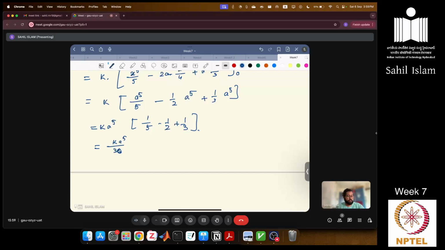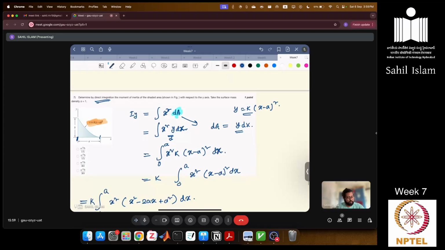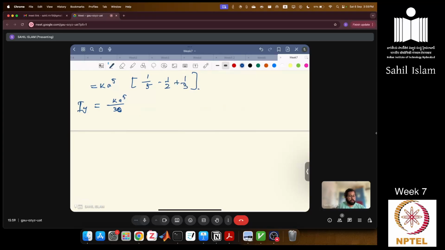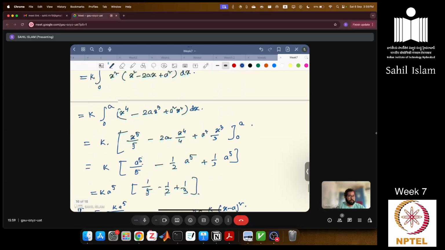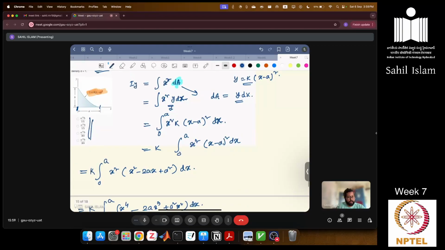Okay, so this is Iy. Now if you look at the question, it is given in terms of a and b, no k is there. So how do we calculate k? You already know that y equals k(x minus a) whole square. At x equals 0, we have y equals b.